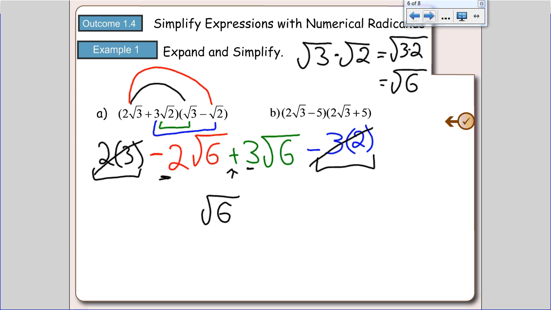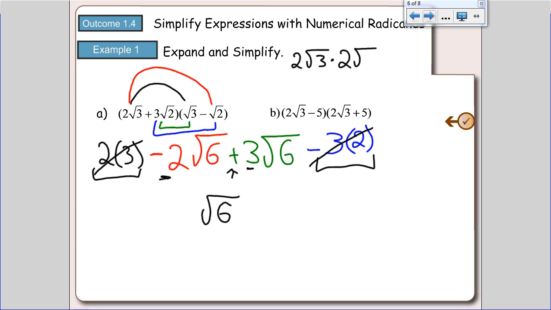Yeah, for sure. So the black line is the first term, so we FOIL. We did 2 root 3 times 2 root 3. That's what we did, right? It's all just multiplication. So you can do 2 times 2 gives you 4.